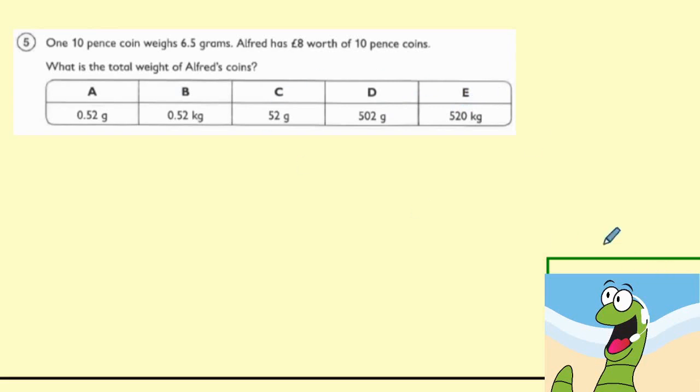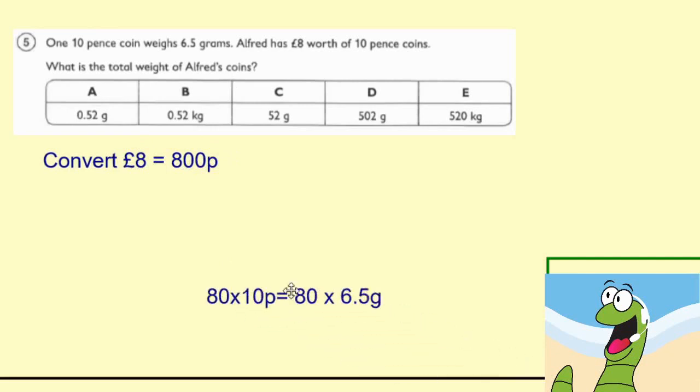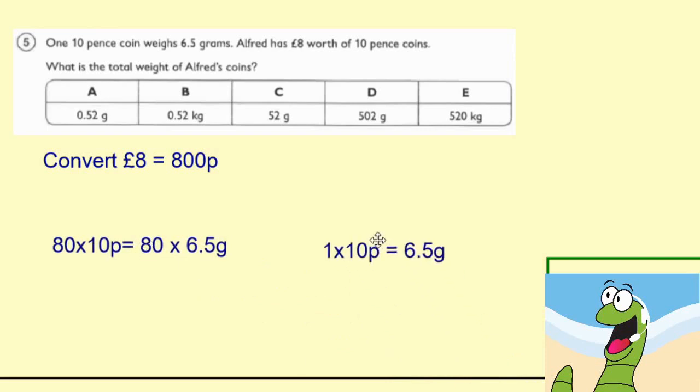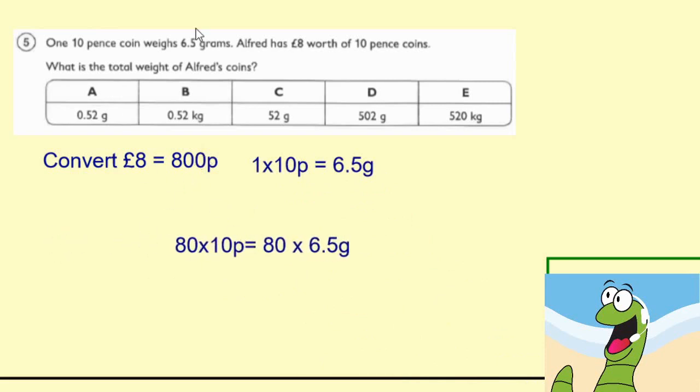Okay, so our very first thing that we're going to do is convert £8 into 800 pennies. So let's work out how many 10-pence coins we have. We know that one 10-pence coin is 6.5 grams, and there are 80 10-pence coins in 800 pence.